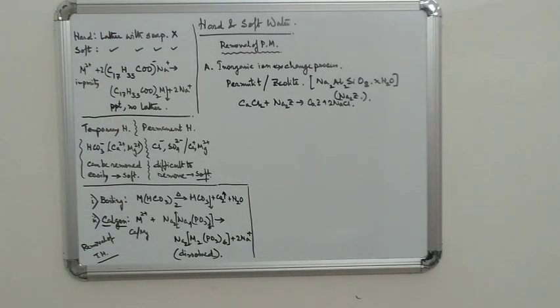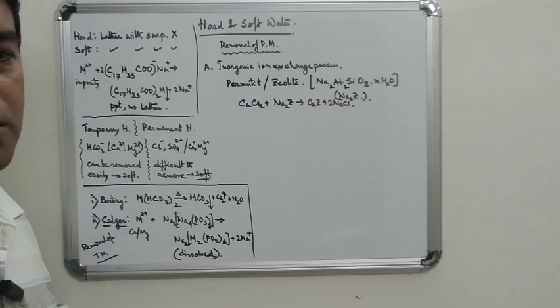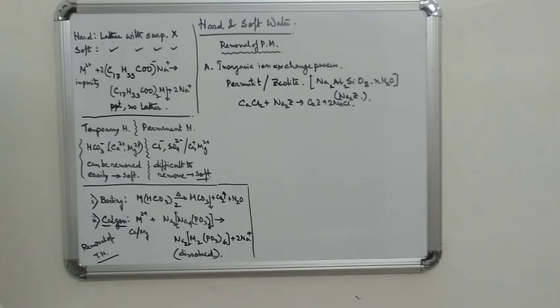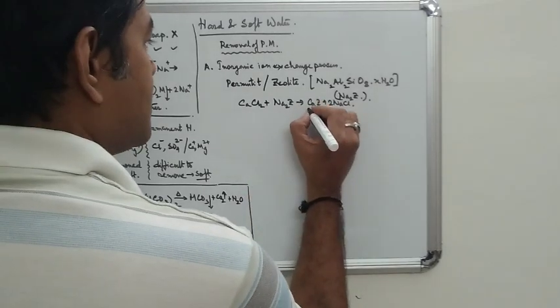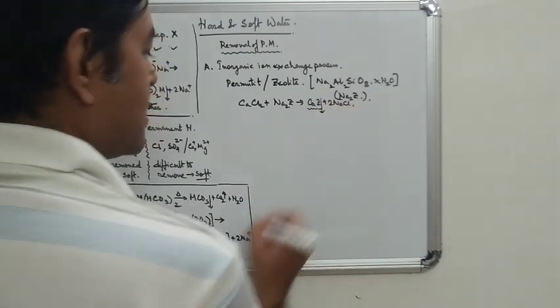NaCl is dissolved easily in the water and does not increase the hardness, and the calcium zeolite will get precipitated.